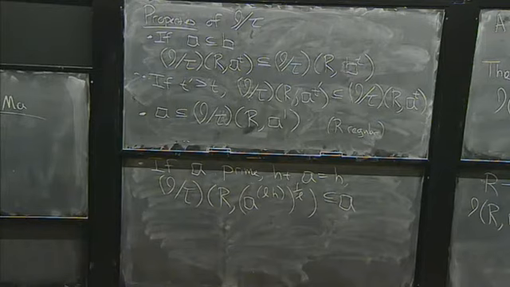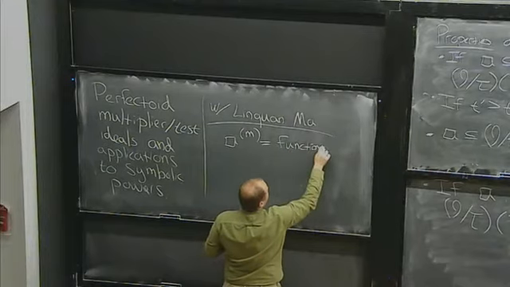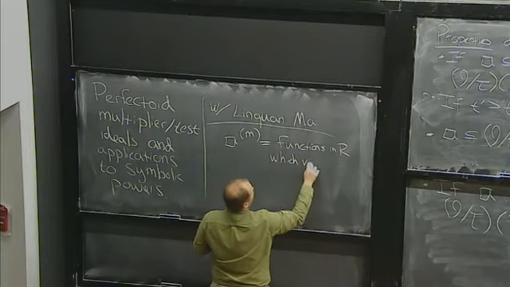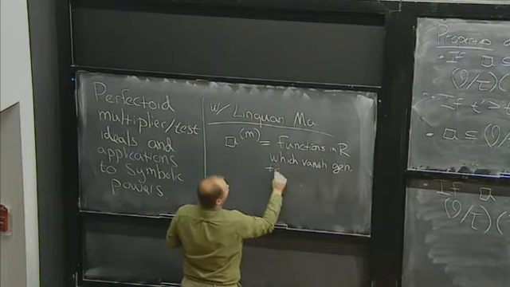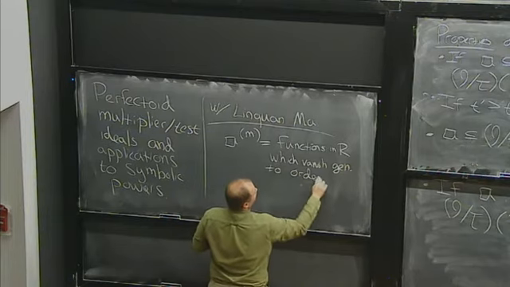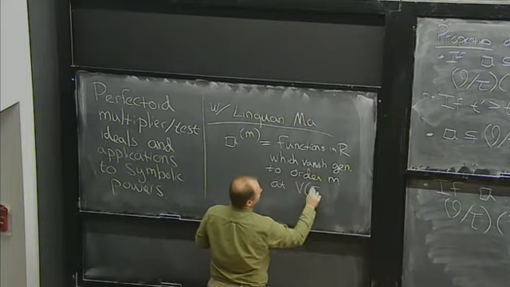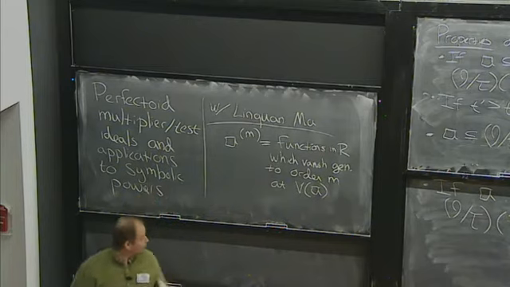A to the round brackets, which read symbolic power m, these are the functions in R which vanish generically to order m at V of A. Okay. So these are the functions which vanish to order m basically at all points of A.